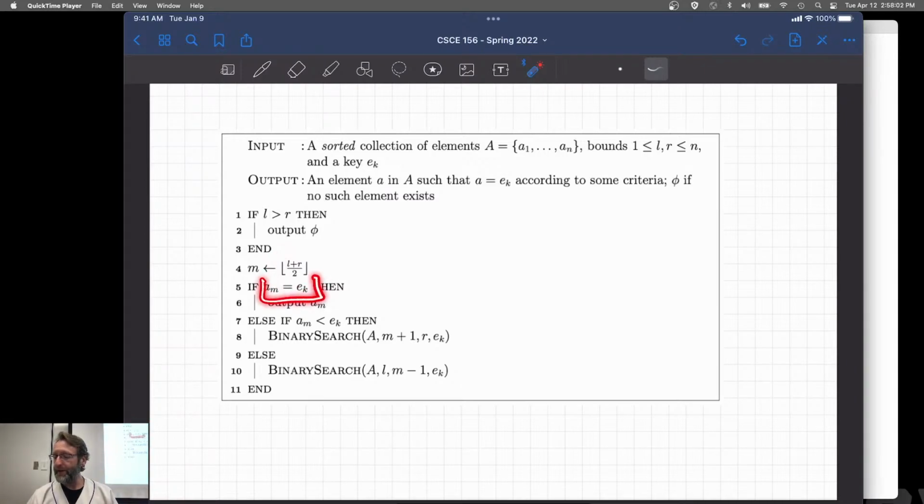And then I'm making the same checks here. If that's the thing that I'm looking for, I got lucky and I'm done and I output it. If the thing that I'm looking for is greater than the middle element, then I recurse on the right side, right? This is the right half. Otherwise, I go to the left half.